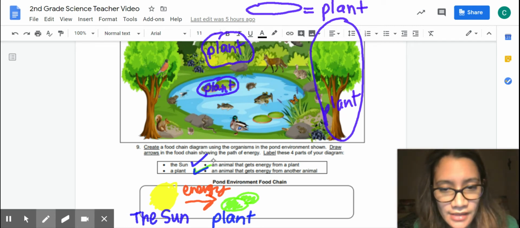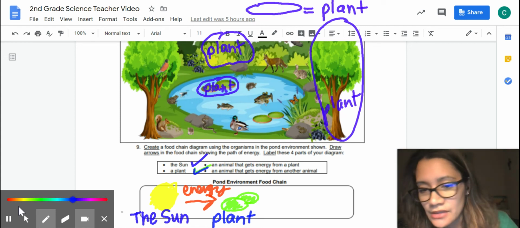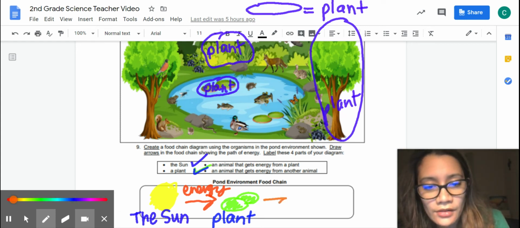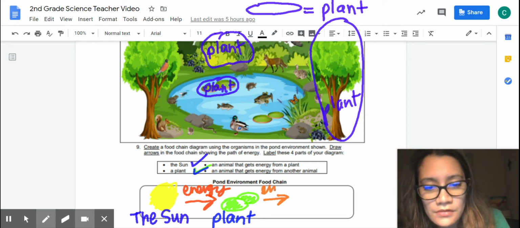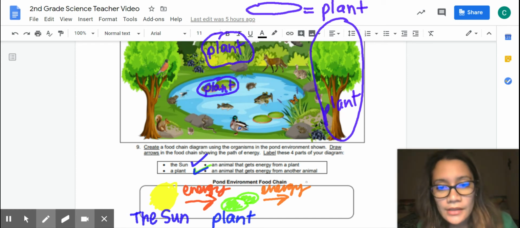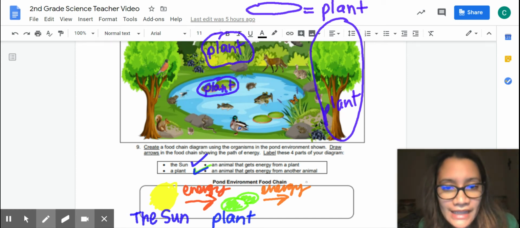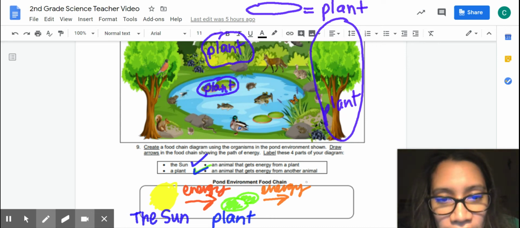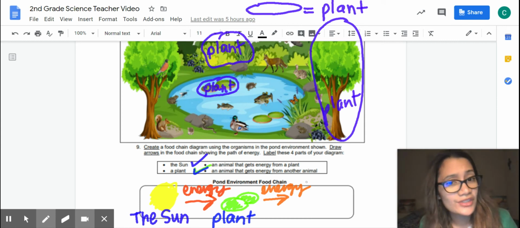Next on my list, an animal that gets energy from the plant. So I need to think, after I draw my arrow, what animal from the pond would get its energy from a lily pad? What animal would consume it? You know what? Some fish do eat plants from water environments, like a pond.